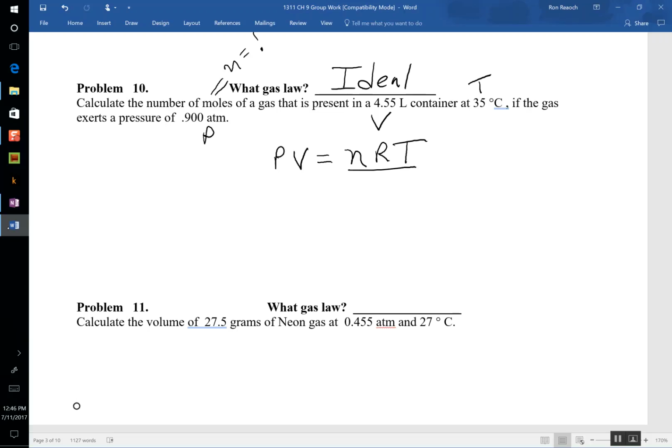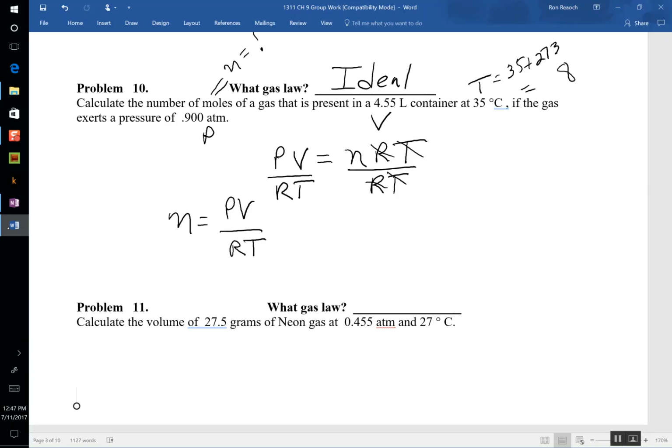All right, so I isolate n. The number of moles is going to equal the pressure times the volume divided by RT. T equals 35 plus 273.